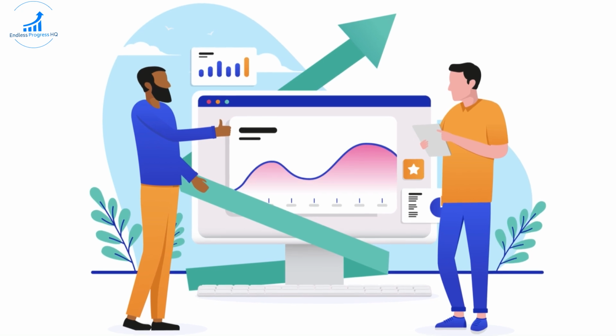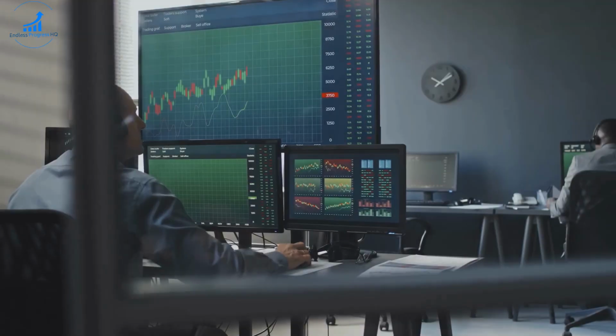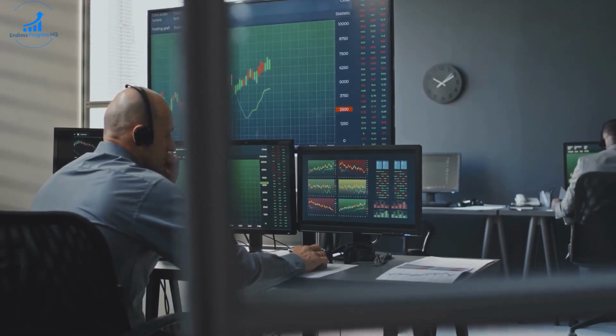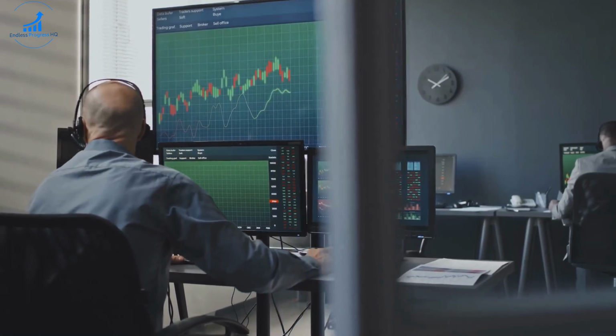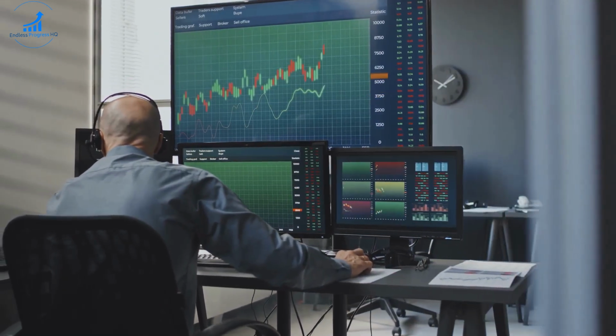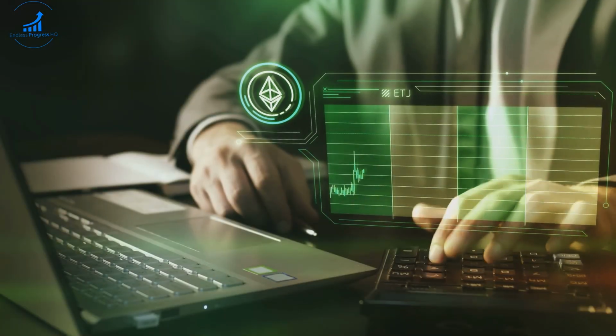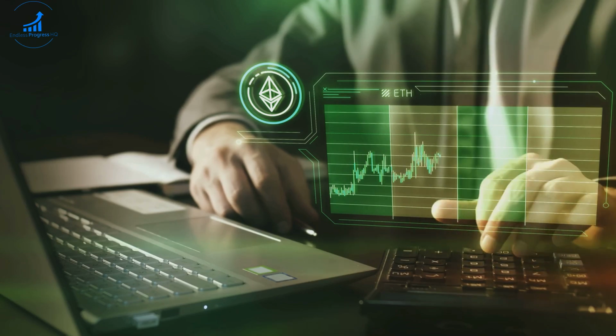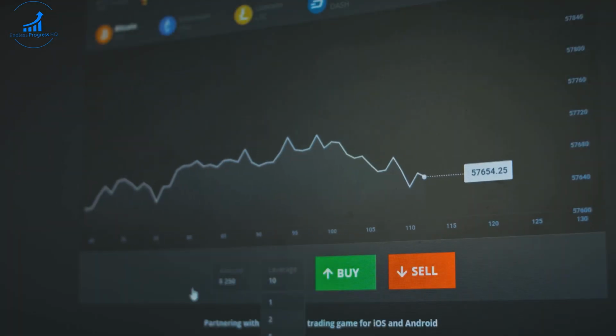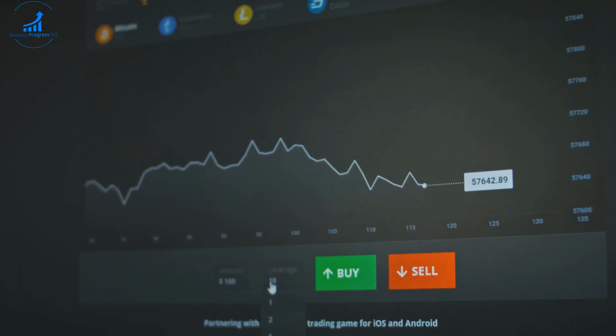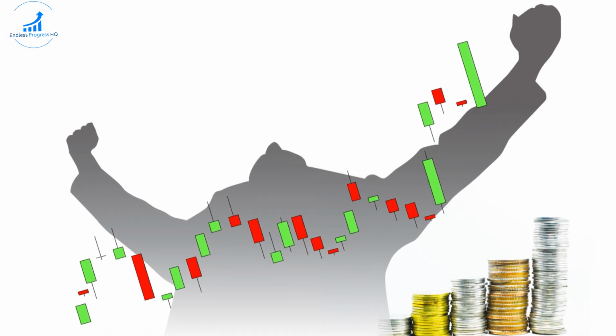Remember, no technical indicator is perfect, and it's important to use momentum indicators in conjunction with other technical and fundamental analysis tools. However, by incorporating momentum indicators into your trading strategy, you can gain a deeper understanding of market dynamics and potentially improve your trading results.